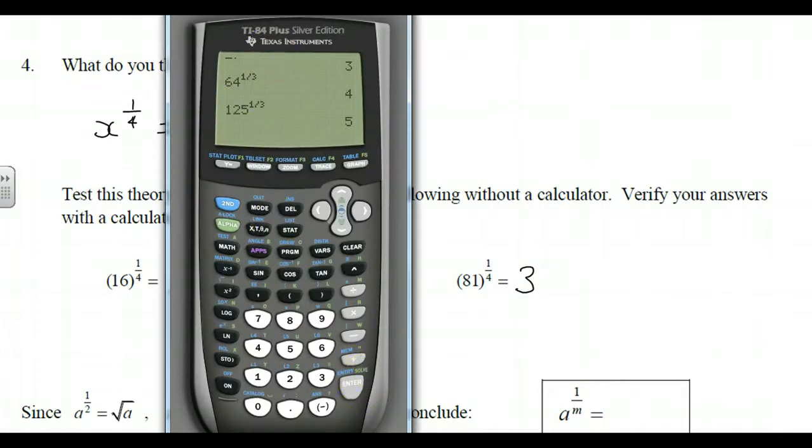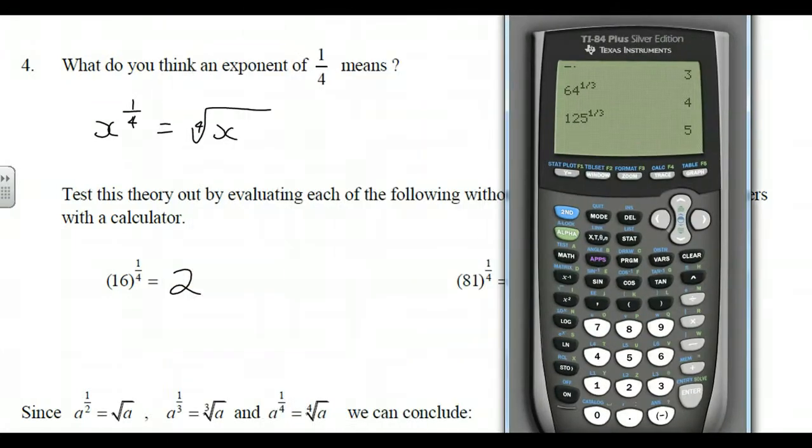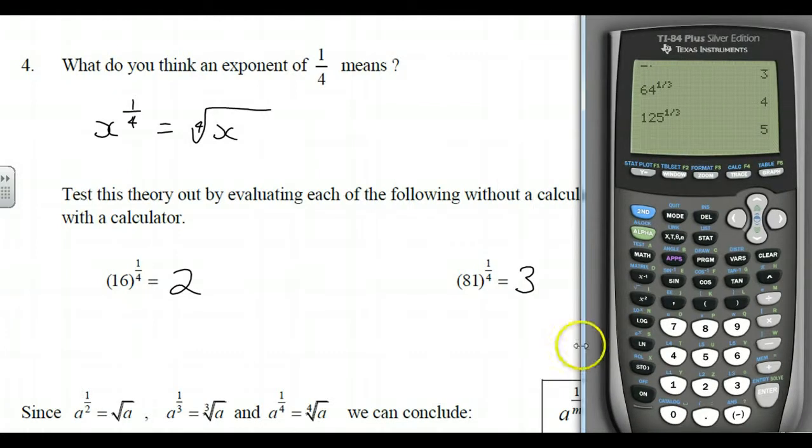And if we're going to test that out, slide this over, so 16 to the power of 1 divided by 4 is 2. 81 to the power of 1 divided by 4 is 3.